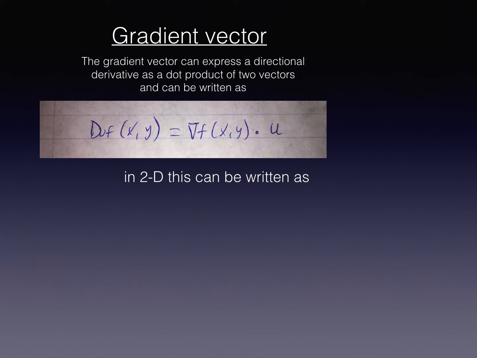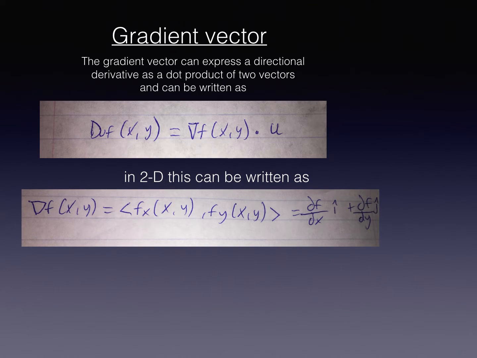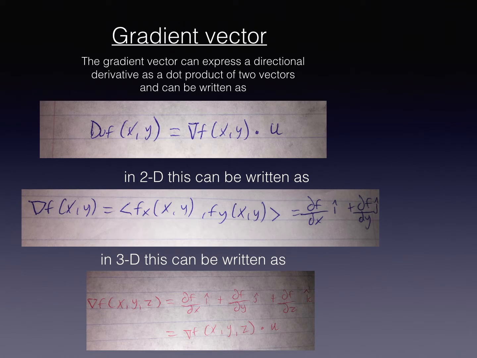In 2D, this can be written as the partial derivative of x times i plus the partial derivative of y times j. And in 3D, we can write this as the partial derivative of x times i plus the partial derivative of y times j plus the partial derivative of z times k, or the gradient of f(x, y, z) dot u.